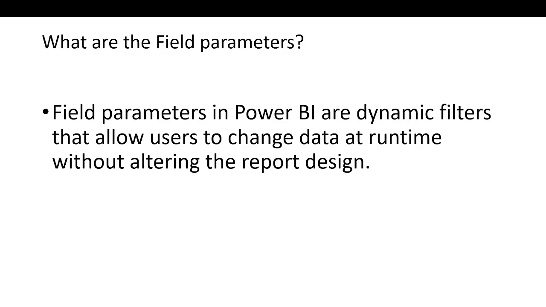The sales is fixed here. Sometimes I want to see category-wise sales, sometimes segment-wise sales, sometimes region-wise sales. So the category values are changing dynamically. In this case, we can implement it using field parameters.